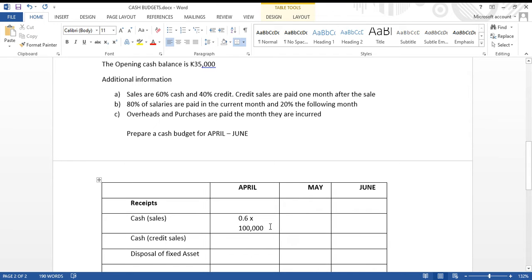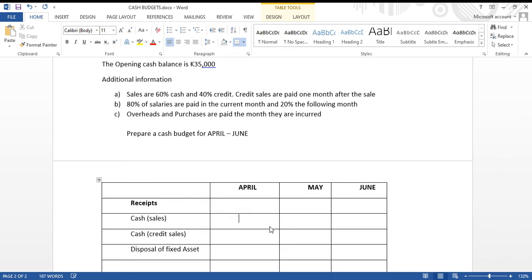Let me get my calculator. That is 60,000 kwacha.